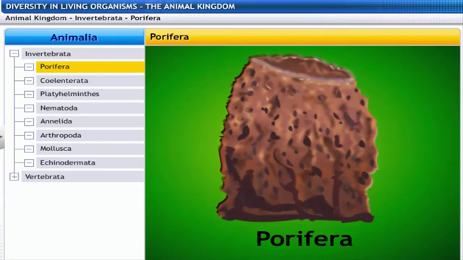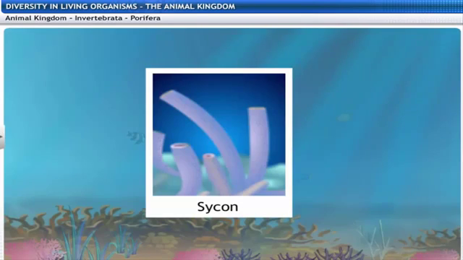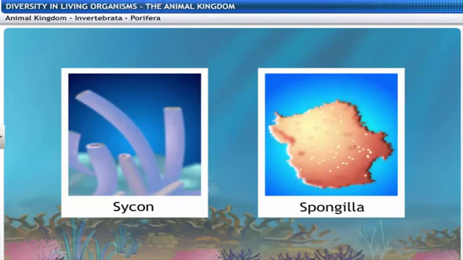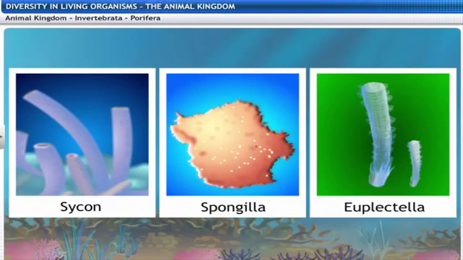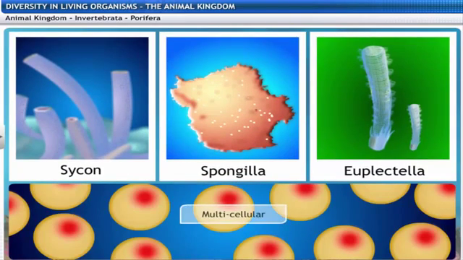The phylum Porifera includes Cycon, Spongilla, and Euplectella. They show minimal level of tissue grade organization, though they are multicellular. They are commonly called sponges.